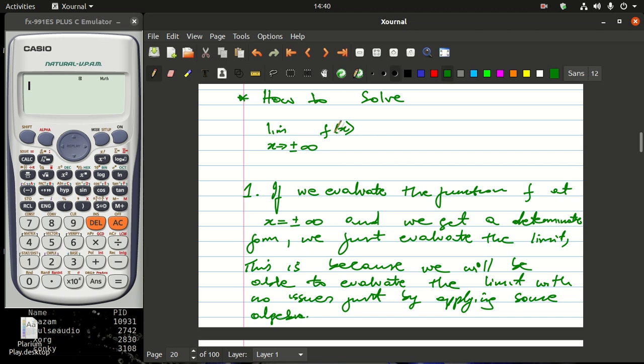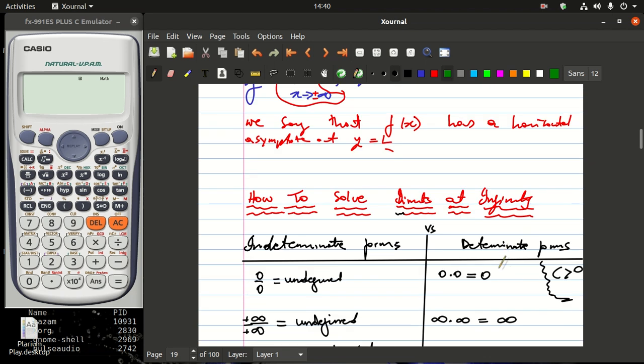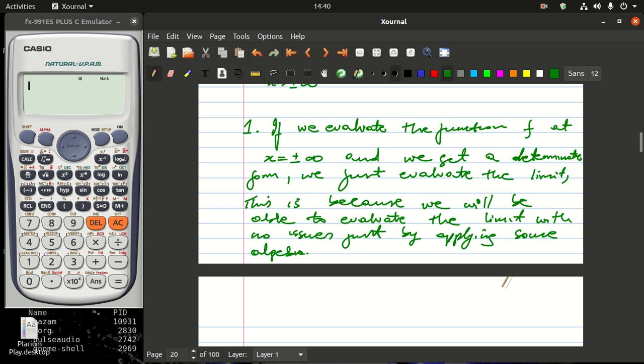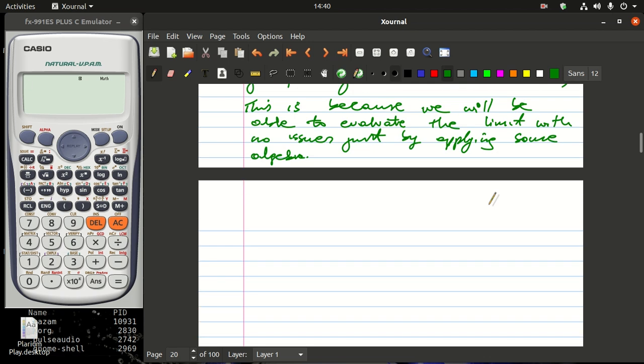And if, when we plug it in, we get something that is a determinate form, then we can just evaluate that limit, and apply some algebra, manipulating whatever we're getting to fit something on this side, so that we can actually evaluate that particular limit.